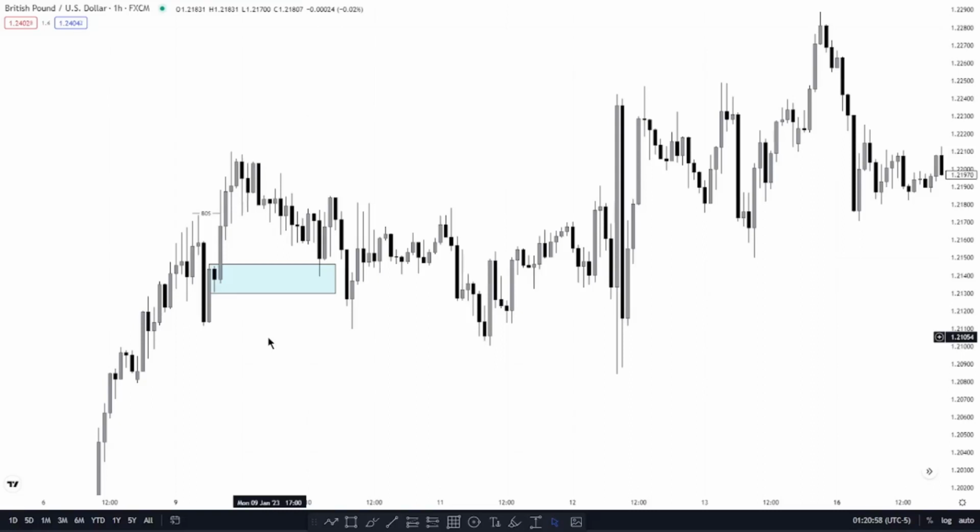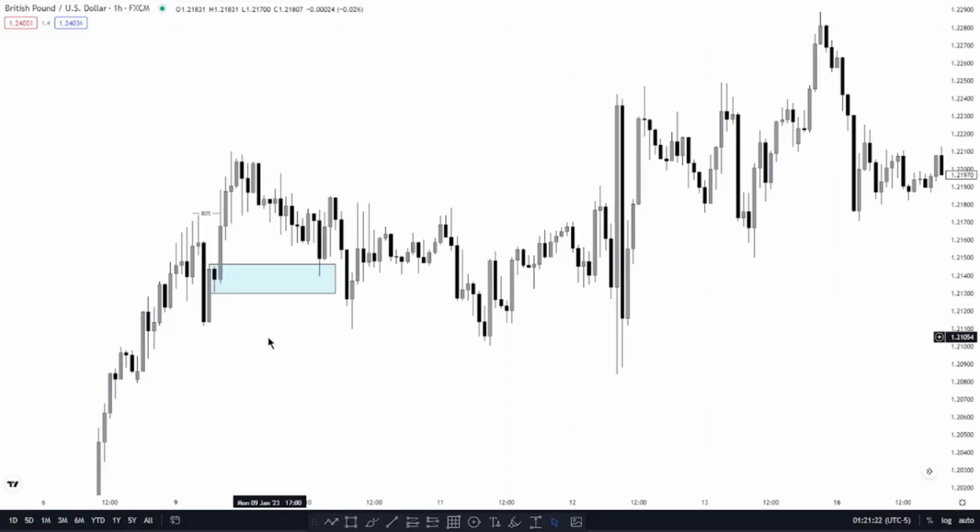Number 1, the candle you want to mark as an OB must be in line with the prevailing market condition, meaning that if market is bullish, you want to look for bullish OB. If it is bearish, you want to look for bearish OB. That's the number 1 characteristic.